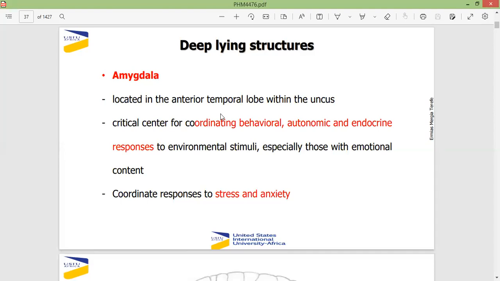That's why there's this concept known as amygdala hijacking, whereby the amygdala hijacks your brain due to emotions. For example, when you see a lion, you're supposed to run, but you freeze. Why do you freeze?